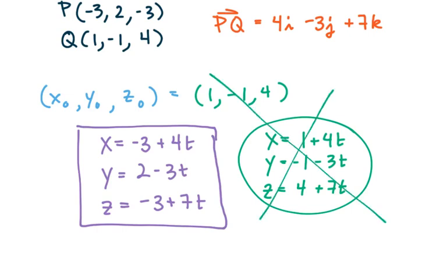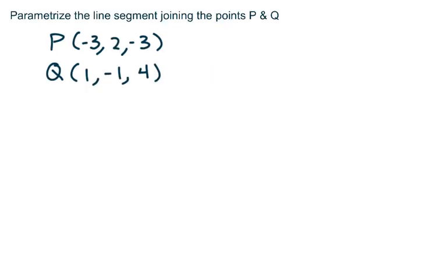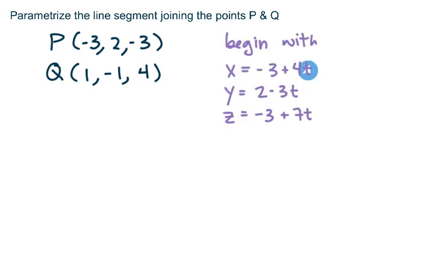We're going to build on this example and on these parametrizations. The next thing we're going to do is parametrize the line segment which joins those 2 points, P and Q. I'm going to pull some of the information that we found on the previous slide onto this slide. We're going to begin with the parametrization from the previous example.